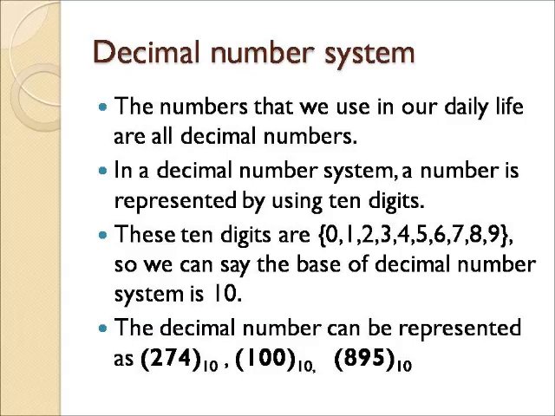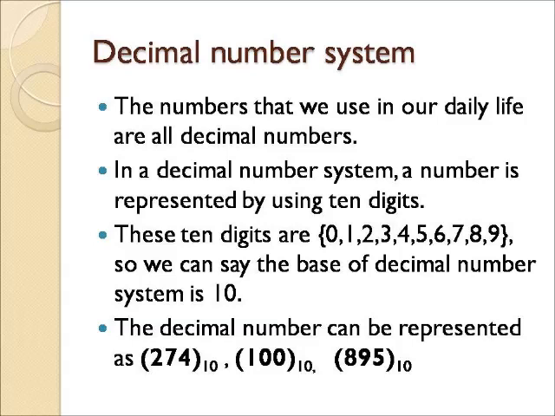So the base of the decimal number system is 10. Here you can see that decimal numbers can be represented as, for example, 274 to the base 10, 100 to the base 10, and 895 to the base 10.